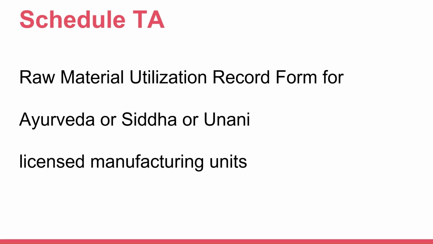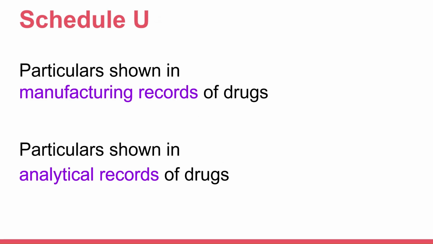Here TA is related to some forms. Which form? Raw material utilization record form. TA is related to raw material utilization record form that should be maintained in Ayurvedic, Siddha or Unani licensed manufacturing units.